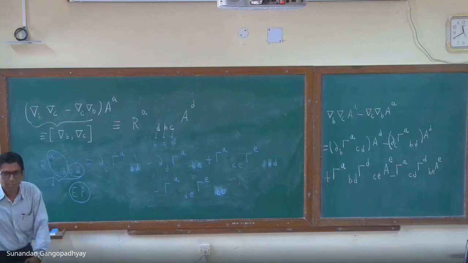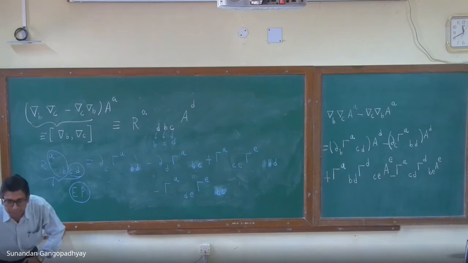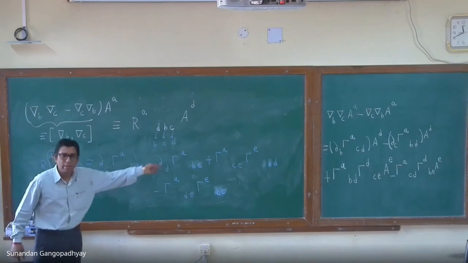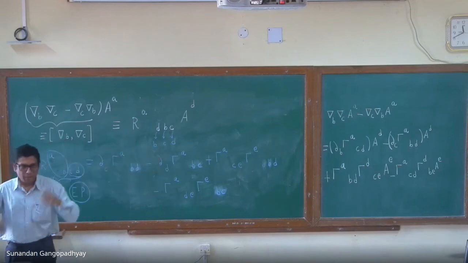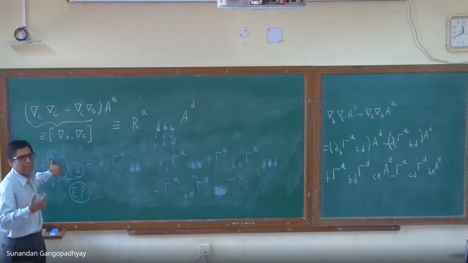The question is whether it is really antisymmetric in the first two indices or not. The next step is whether it is symmetric or antisymmetric in the first and second pair. How will you do it? As you mentioned, you have to put the gamma in terms of G. And if you do that, only then can you check whether this is symmetric or antisymmetric in AB.